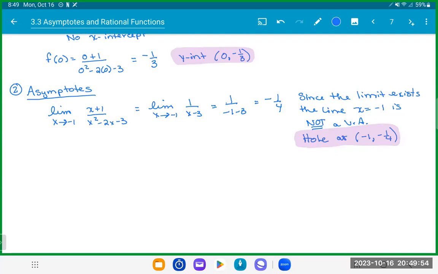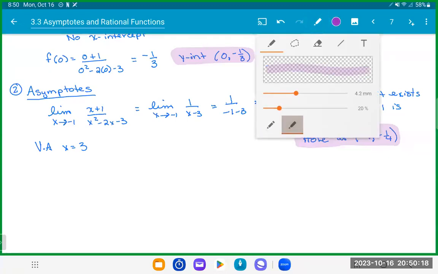And the denominator is 0 at x equal to 3, so we have a vertical asymptote at x equal to 3, right?